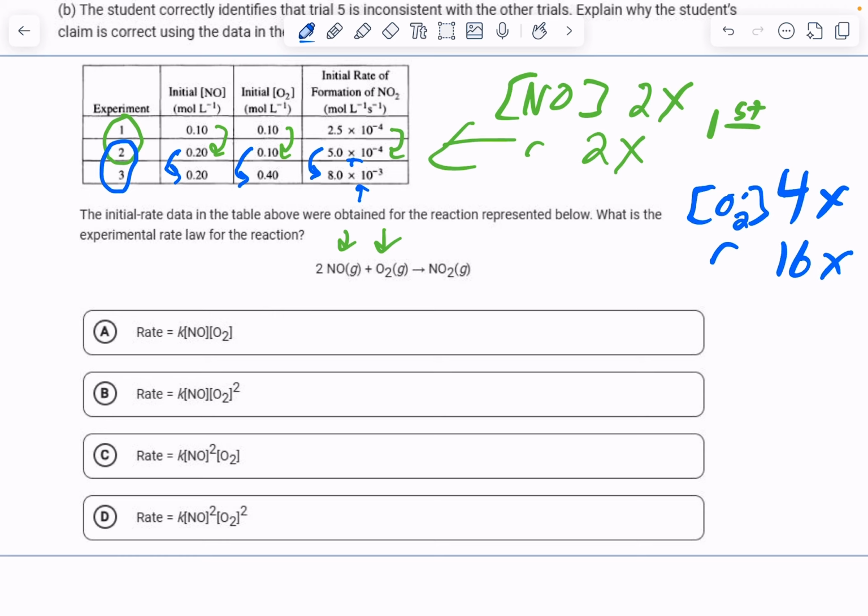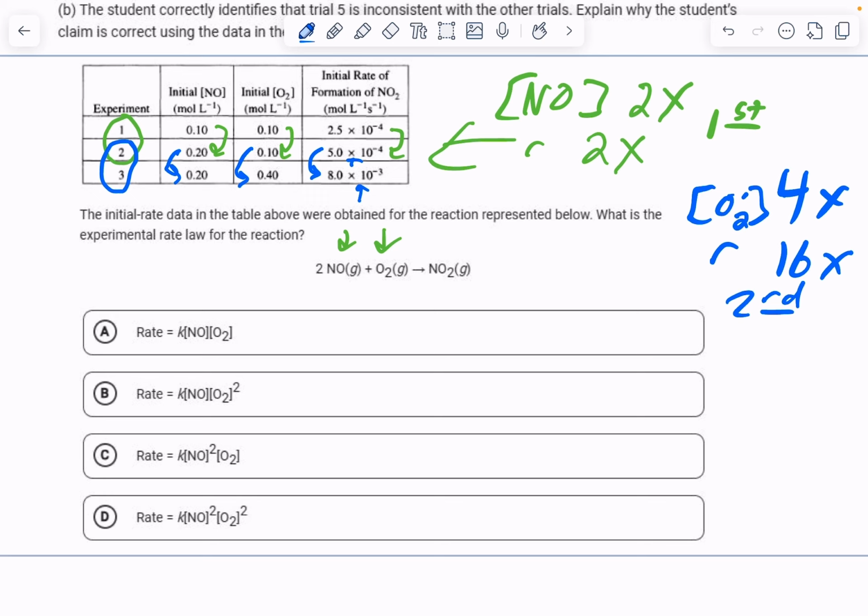The rate gets significantly faster, which means that the change is being squared. So it is a second order reactant, okay? And if it's a second order reactant, then we got to make sure it is included in the rate law as such.